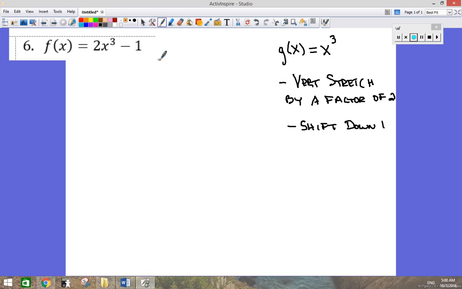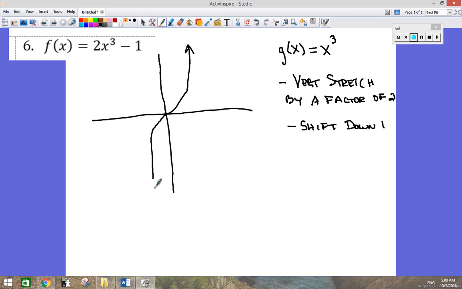Well, I know what x cubed looks like. Here's a rough sketch of x cubed, that it goes up like this and down like that.